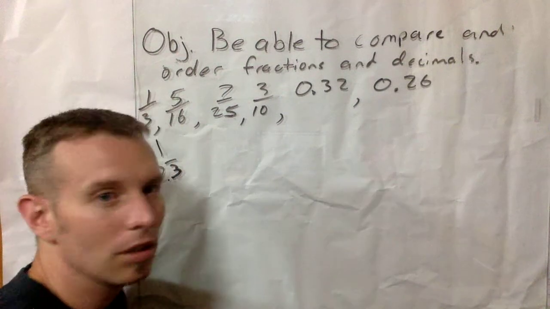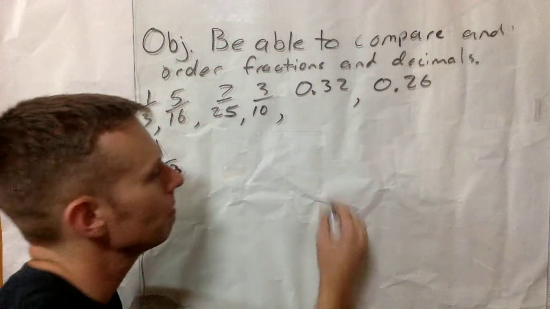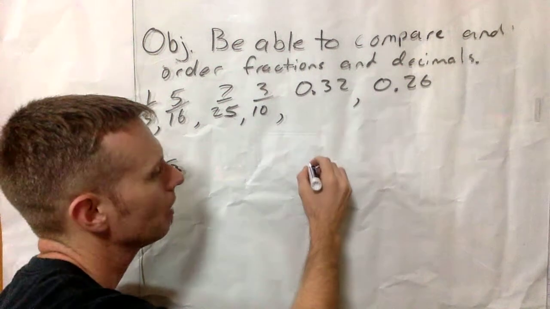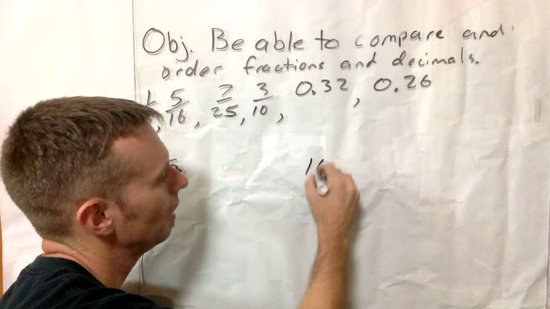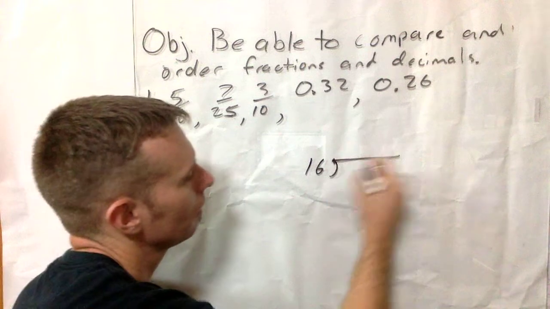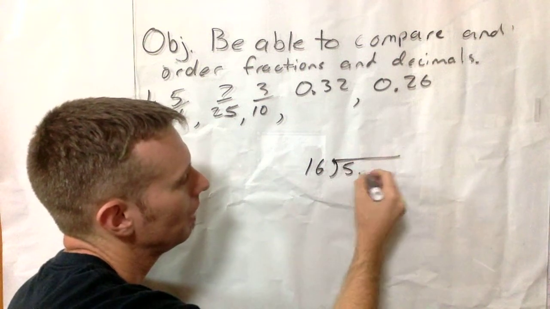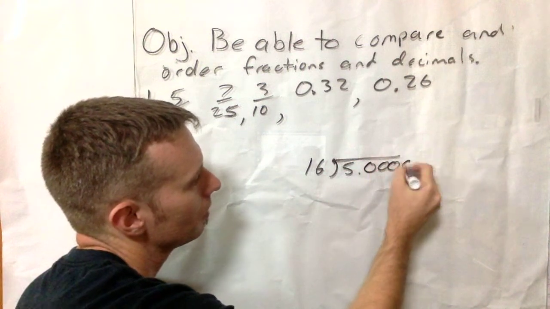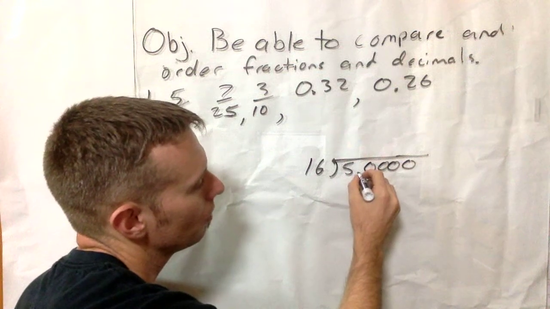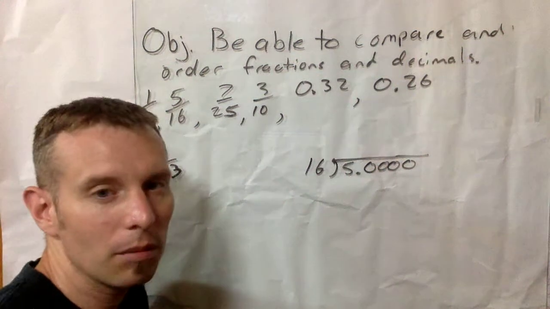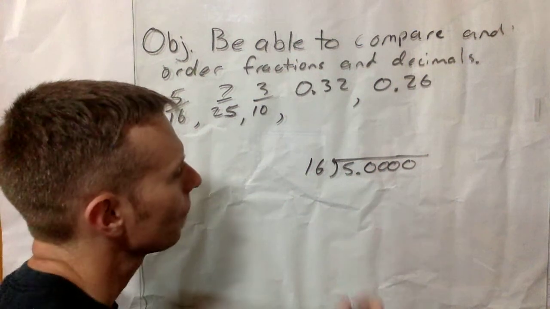5/16, well, that's not one of the ones that we memorized, so let's work that. When we divide 5 divided by 16. Now, you're going to do this on graph paper, so it should be easier to line up the columns, but I'm going to do the best I can here.